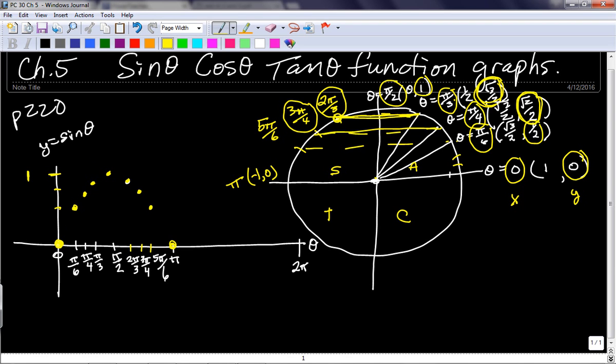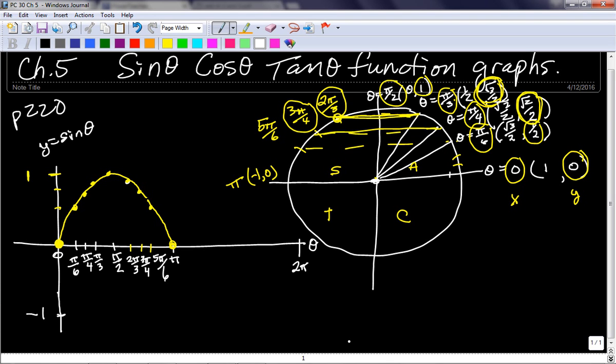So you've seen it before, and if you watched the video, you saw this. You can see this in your book. If we connect these points, because this is a continuous function, we kind of have a graph that looks something like this, between 0 and pi. Okay. Any questions about that? Any problems with that so far?